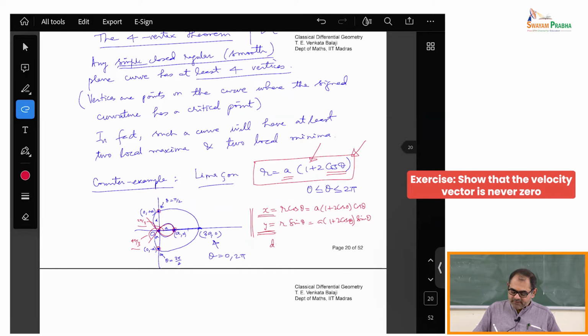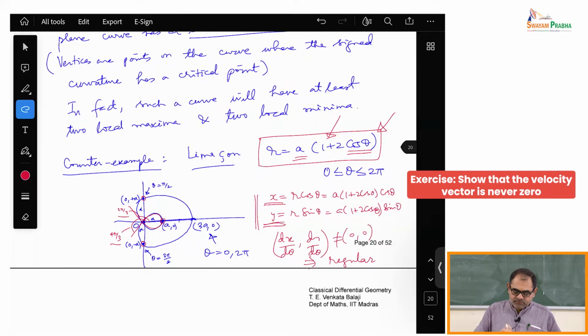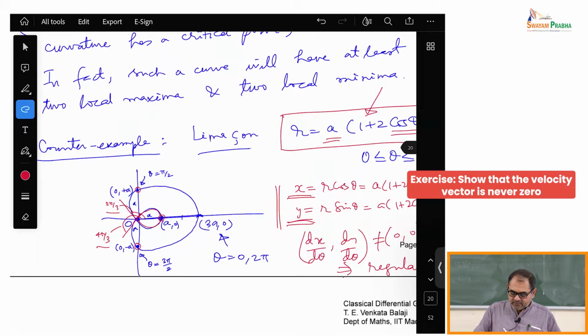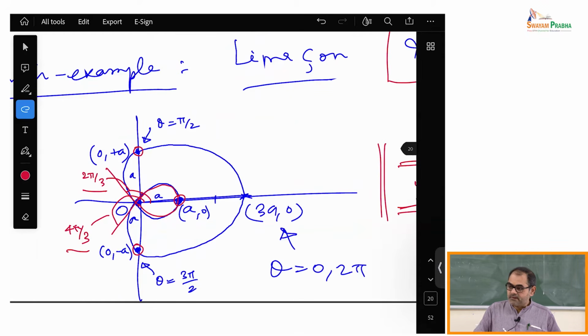So dx by d theta comma dy by d theta, which is the velocity vector, is never 0 0. Therefore the curve is actually regular. But the issue is that in spite of it being a regular curve, it is not smooth here. At the origin there is a topological singularity, in the sense that there is a self crossing, so that's because it's not simple.